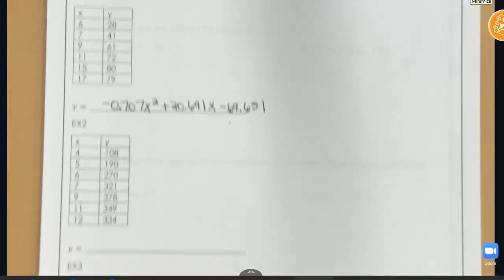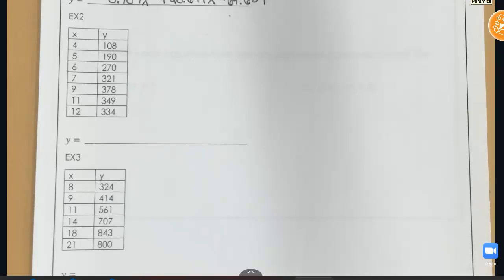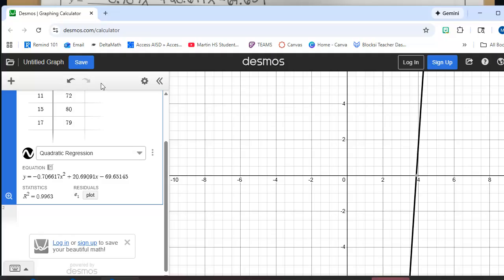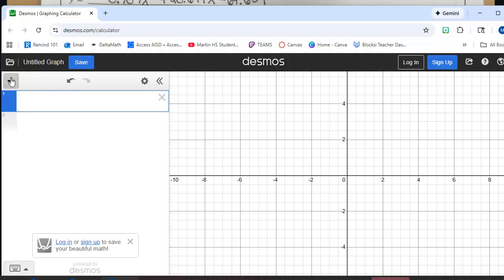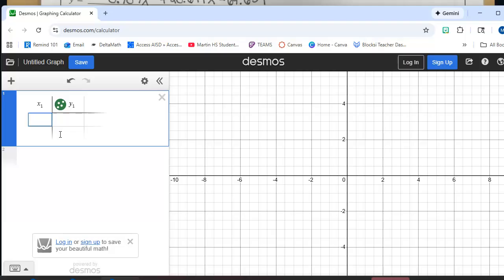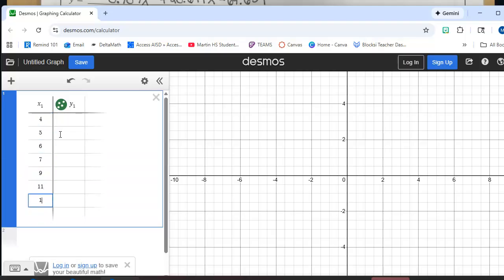All right, I'm going to do the same thing for example 2. Back to Desmos. I'm going to clear this table and add a new one. Adding all my x values and then all of my y values.